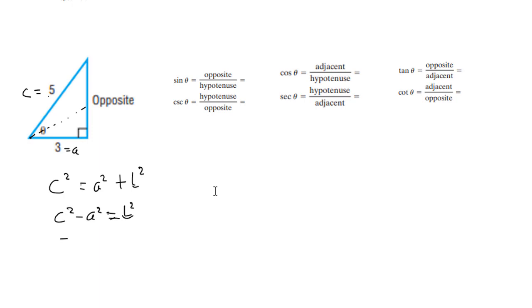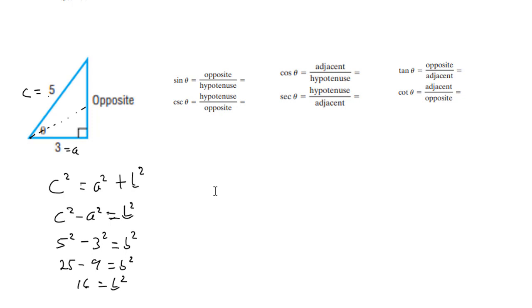5 squared minus 3 squared is equal to b squared. Now it's 25 minus 9 equals b squared. 25 minus 9 is 16, equals b squared.